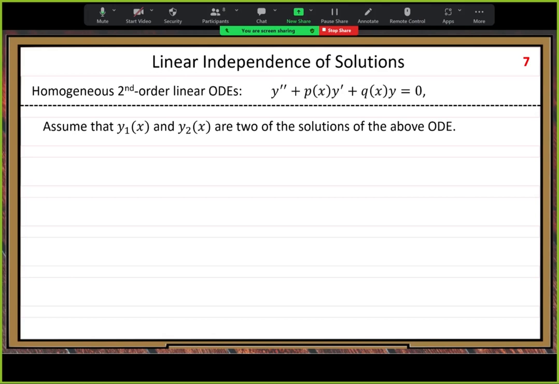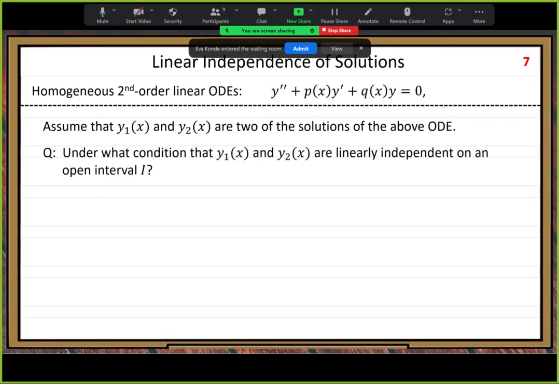If they are not, then you cannot use them to represent a general solution, because if you do not use two basis functions, you cannot cover all the general solutions. So we need some method to tell us how to determine if they are linearly independent.